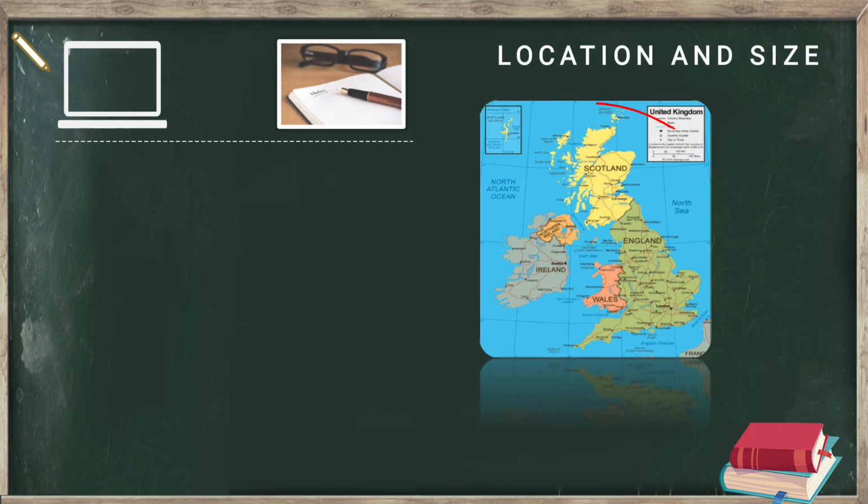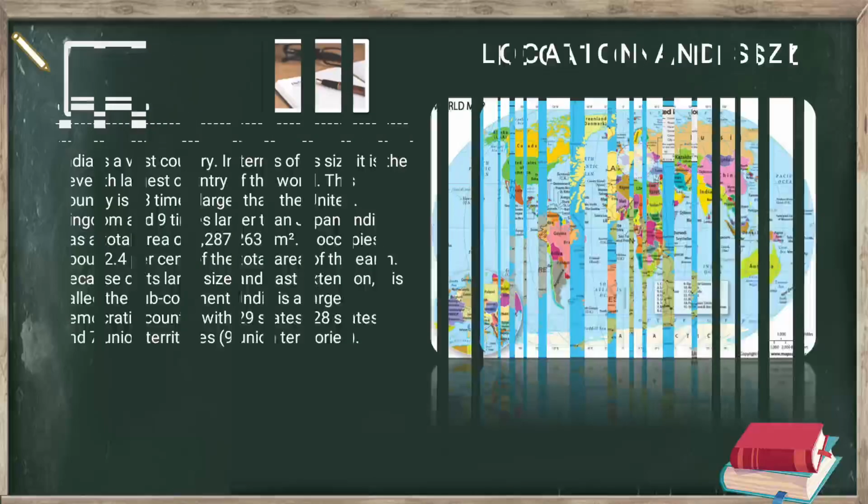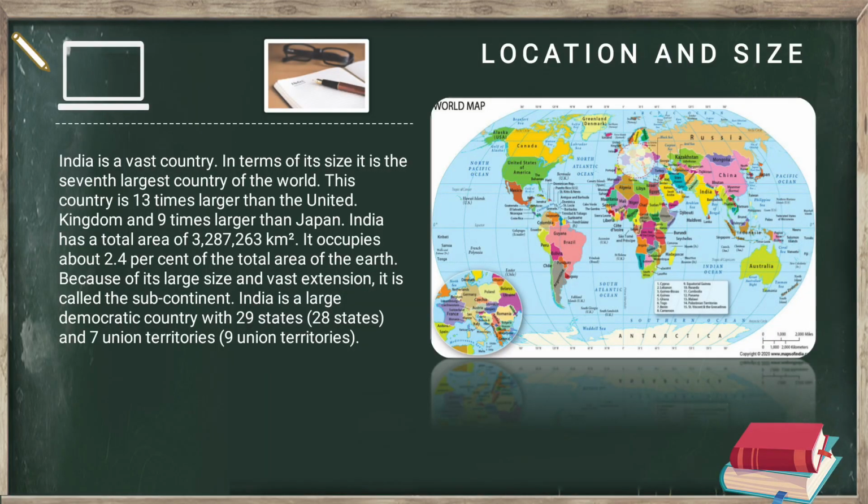England along with Scotland, Ireland, and Wales is called the United Kingdom. So this United Kingdom is somewhere here. India is 13 times bigger than this country, and 9 times larger than Japan.